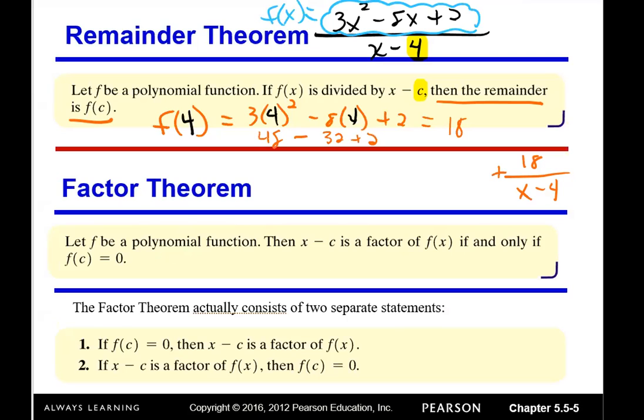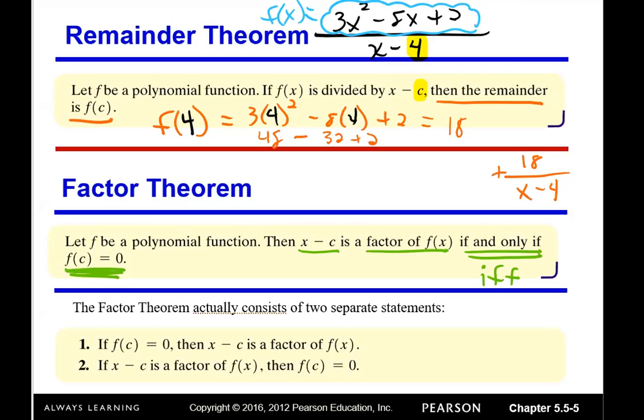Now, if the remainder comes out to be 0, which is what the next thing says, let f be a polynomial function, then x minus c is a factor of f of x if and only if, and another way to write that in a math textbook is IFF. That's not a typo. If you ever see IFF, that's shorthand for if and only if, f of c equals 0.